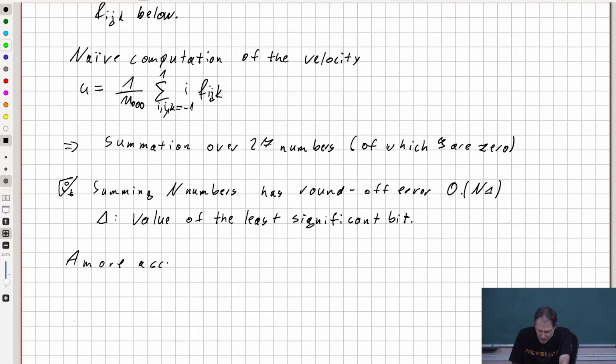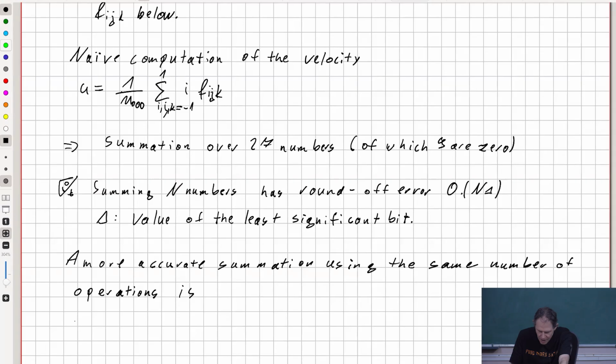So, more accurate summation using the same number of operations. So we are greedy, we don't want to spend more money, we just want to have a better result. So this is the cascade or pairwise summation.